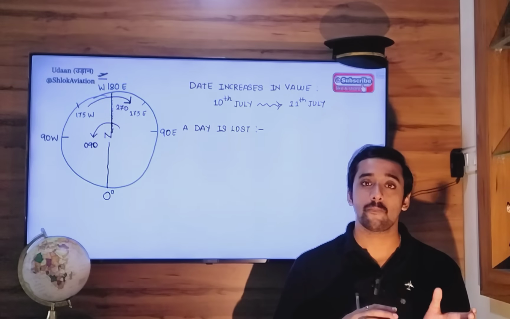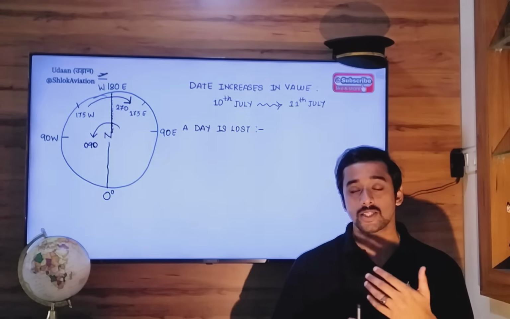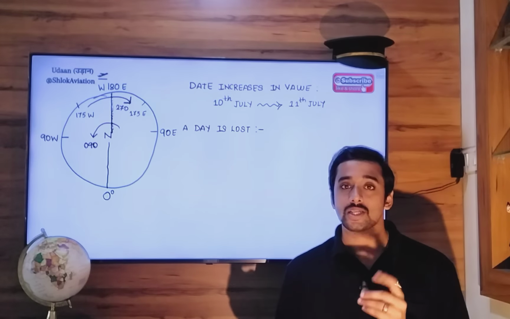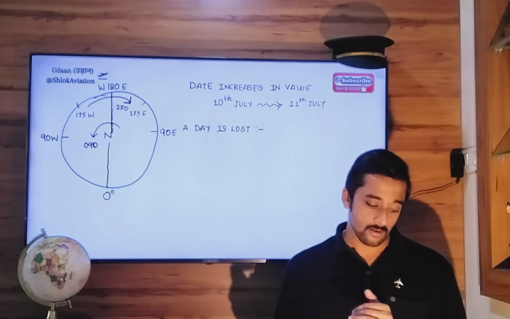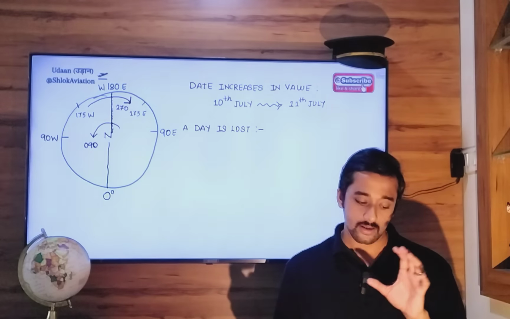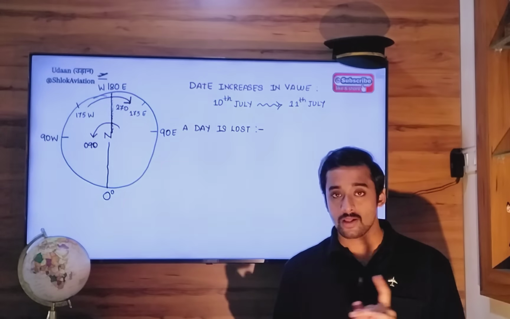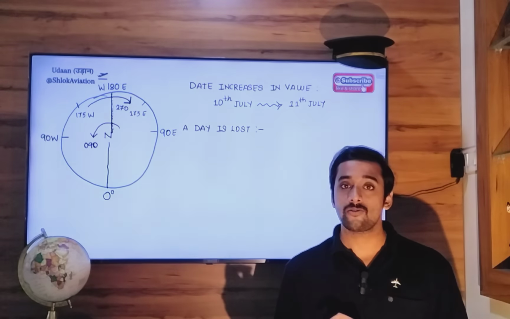When you go towards a future date, you lose a day. A few minutes ago you were living on the 10th of July. Now as soon as you cross that international date line, you are living the 11th of July.